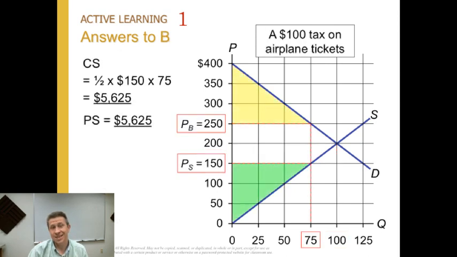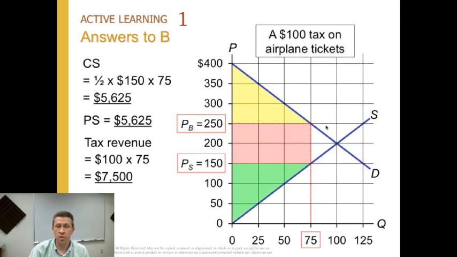Why? Once again, it's because there are fewer units sold. These individuals in this area, buyers number 76 through 100 of the tickets. You're selling 75 with the tax. You sold 100 before. So you had 25 people who thought it was a good deal to buy the airline ticket before, when it was priced at $200, who can't buy it when the tax is in place, or can't is the wrong word, but they don't find it profitable to buy it, therefore they won't buy it.